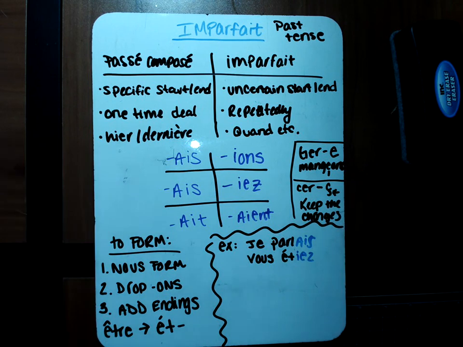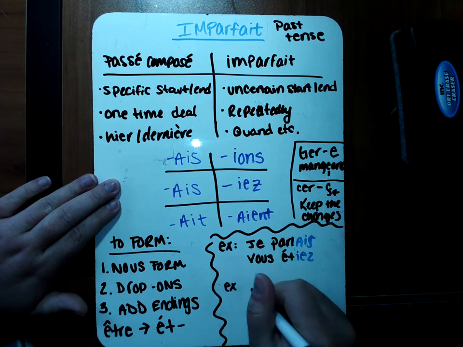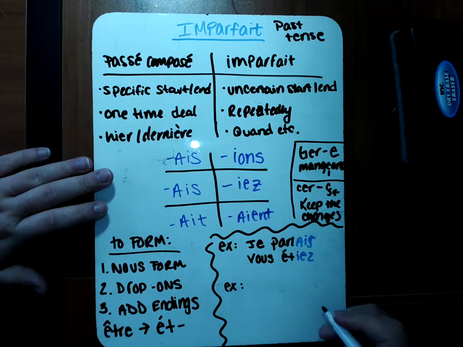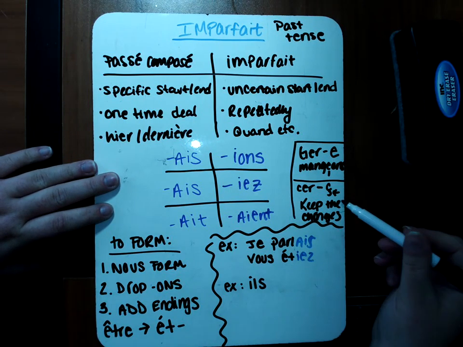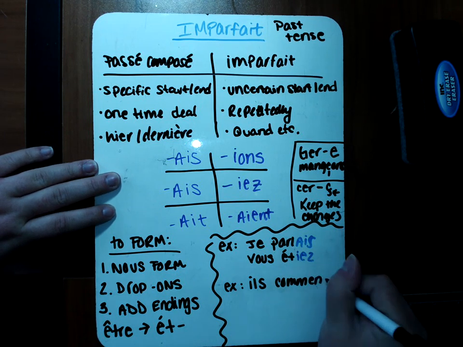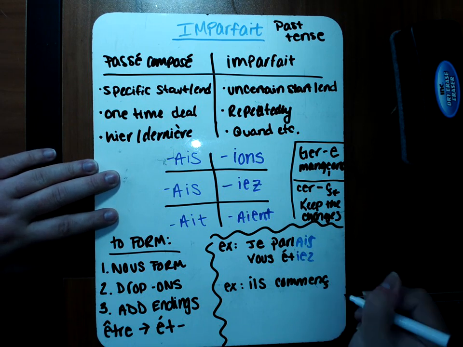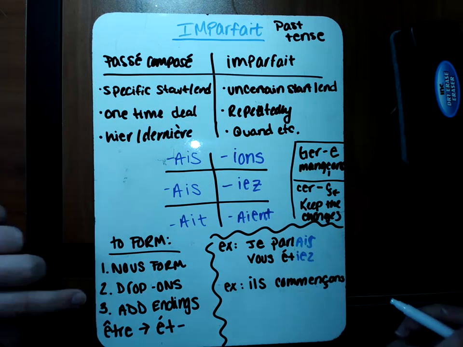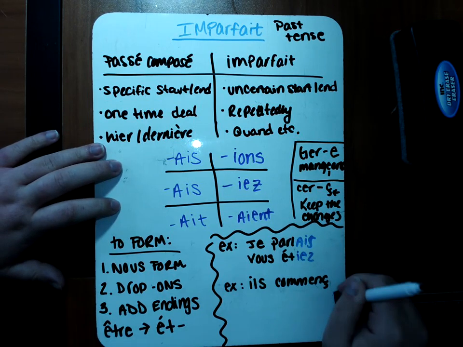All right, so let's do some examples with these verbs too. Let's do they started, they had started. So ils, our plural, they, and we need commencer. So I've got my stem, and I'm going to put my cédille because that's my nous form, and then I'm going to add ONS, but I need to drop the ONS in step 2, so I'm going to take off this ONS.